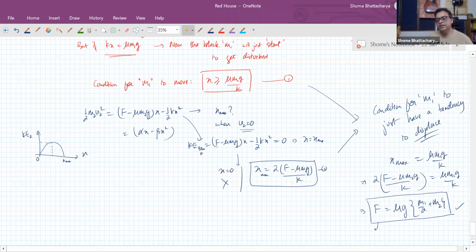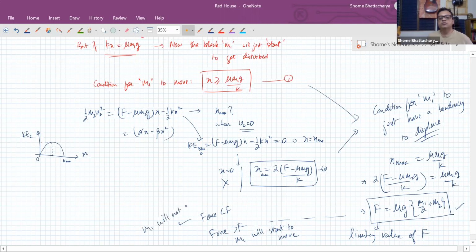So this is that limiting value of F. If the force is greater than this F, then M1 will start to move and develop kinetic energy. But if F is less than this value, then M1 will not move. If it is exactly equal, it's just about ready to move at that position.